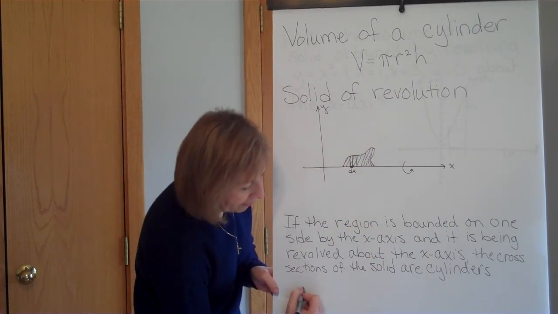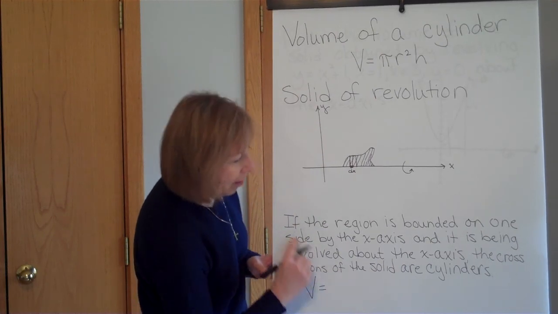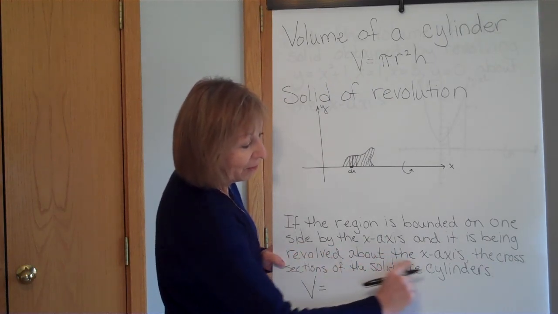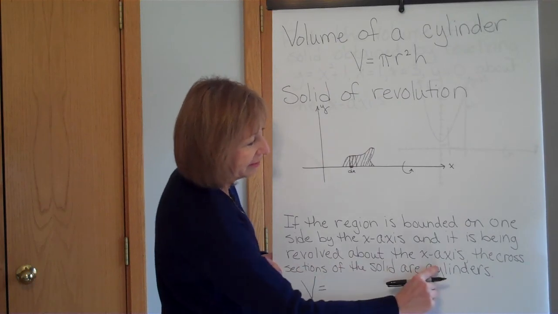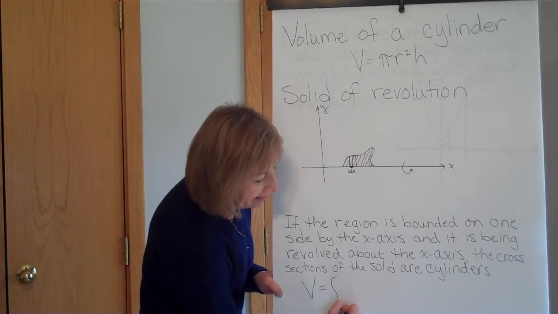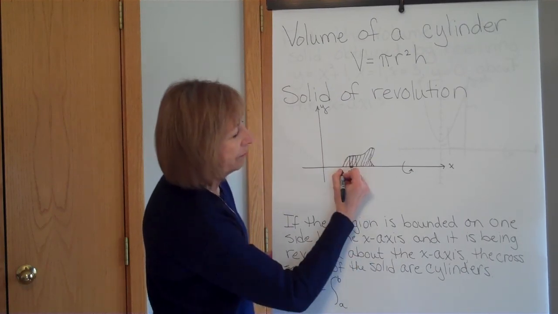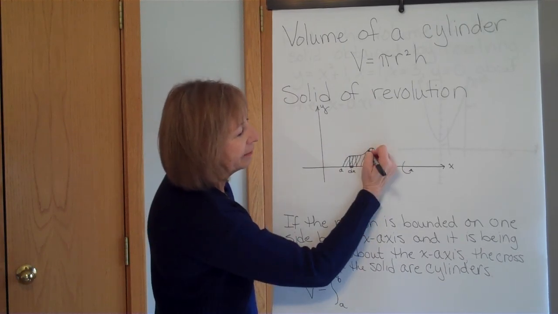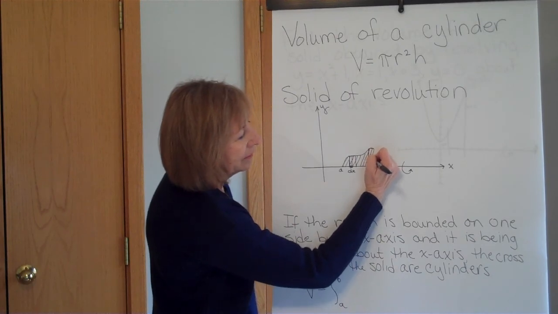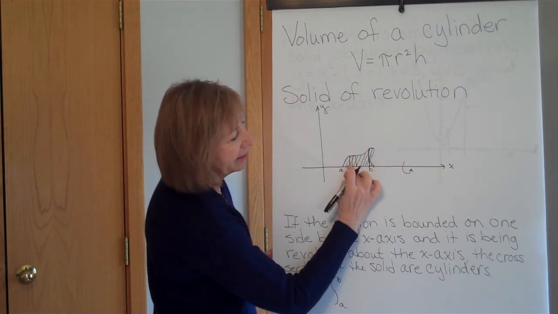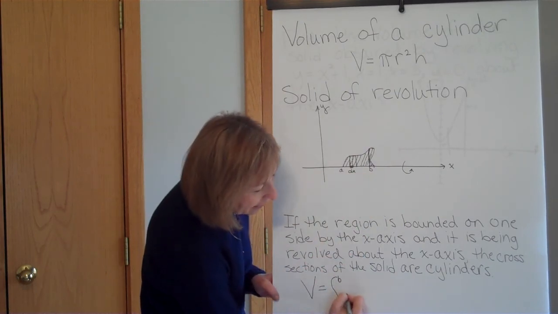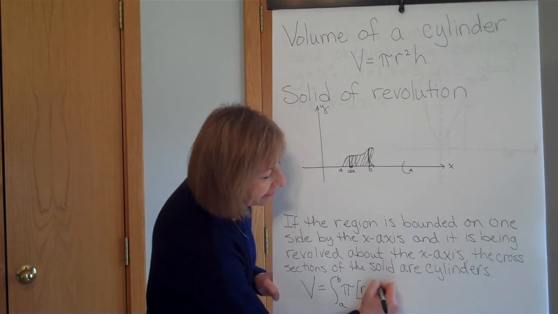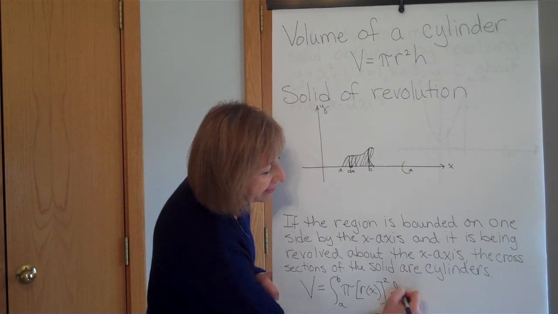So the formula for the volume of this region that's bounded on one side by the x-axis, being revolved around the x-axis with cross-sections that are cylinders, is going to be the definite integral from a to b, where this would be my a and this would be my b, of pi times your radius r of x squared dx.